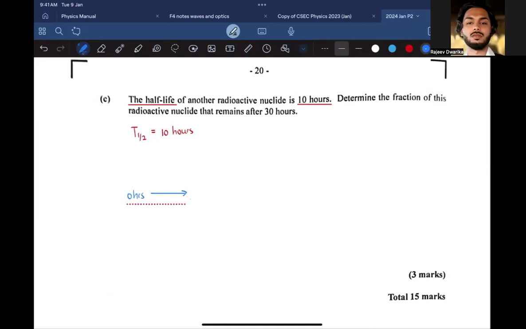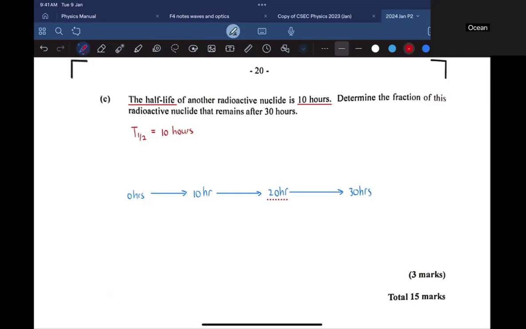I'm going to explain that fast. Imagine at 0 hours, you have the full thing. Check this. Ocean, at 0 hours I would have the initial sample, it would not have decayed at all, yes or no?